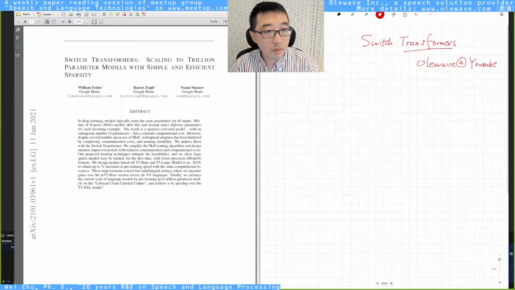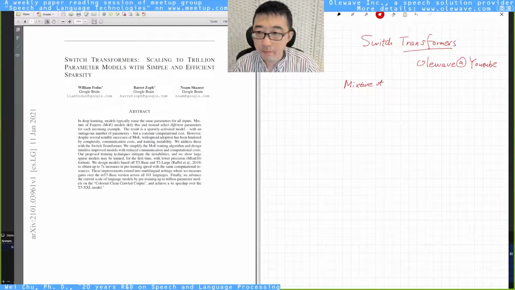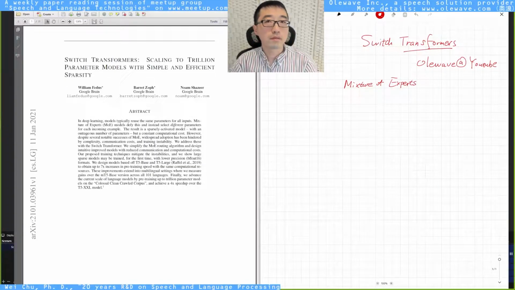And in this paper, they brought up or revisited a very prominent concept, which is called a mixture of experts. What does this mean? I think literally you understand what this means, okay?